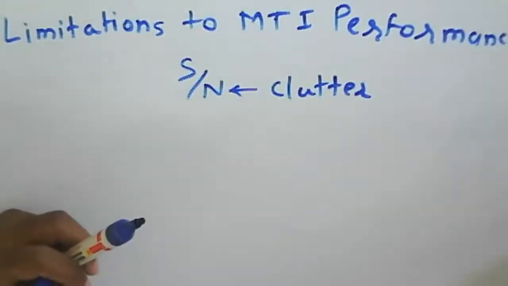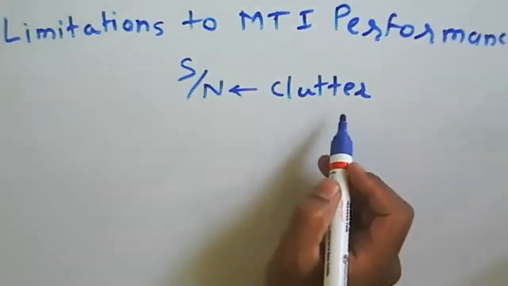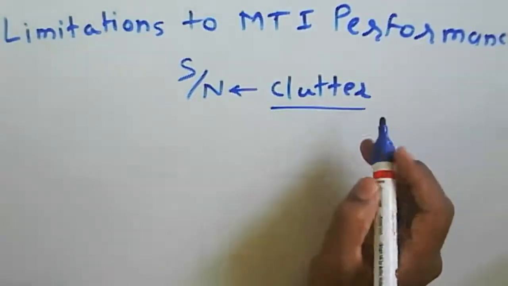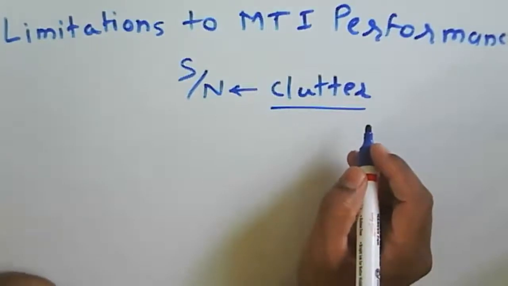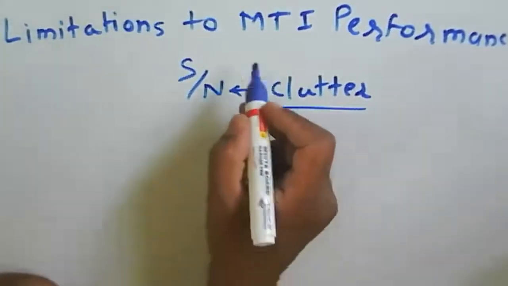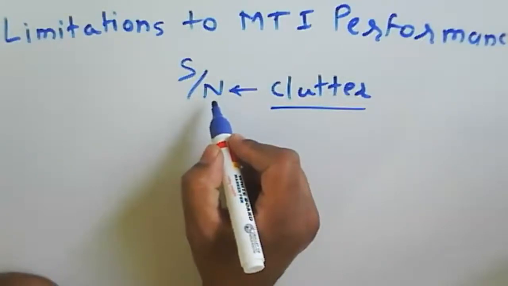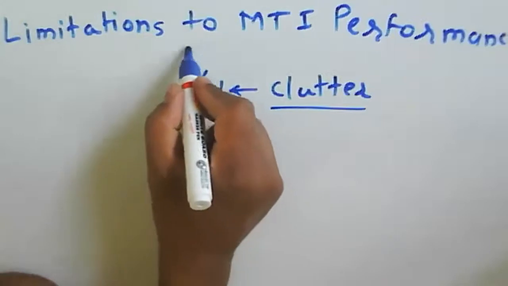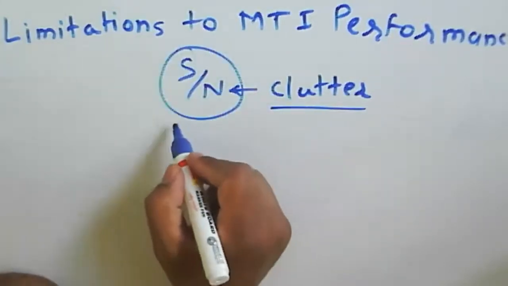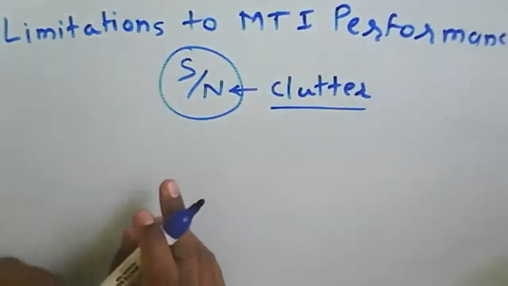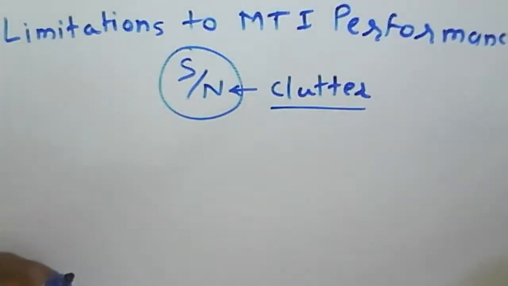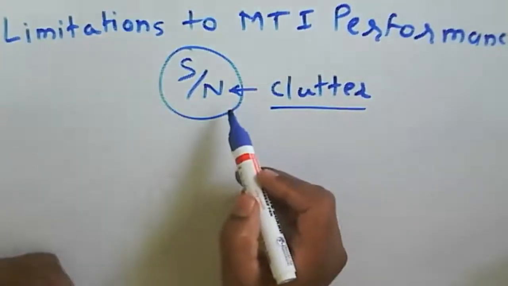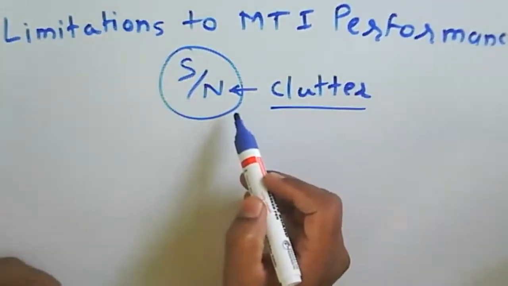So to remove the clutter, or to improve the signal to noise ratio of an MTI radar, that factor will be affected by various factors. So what are those factors that will affect the signal to noise ratio of an MTI radar?